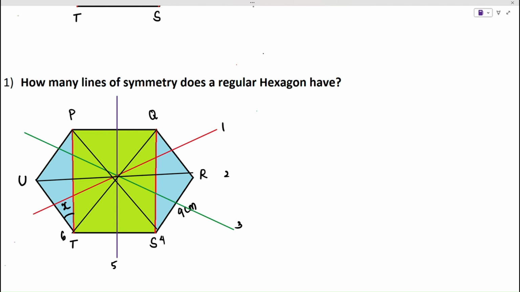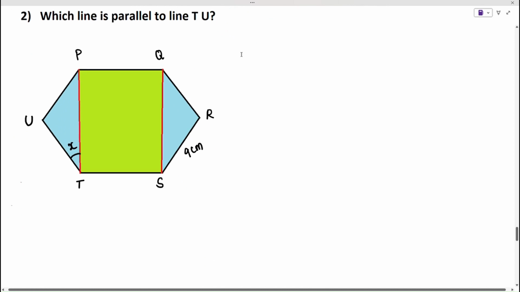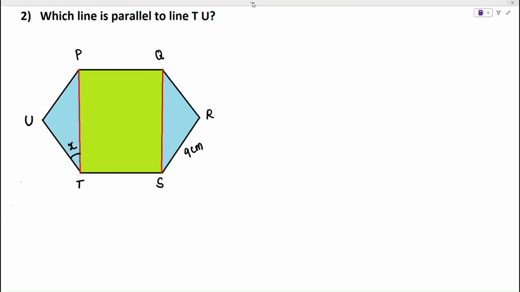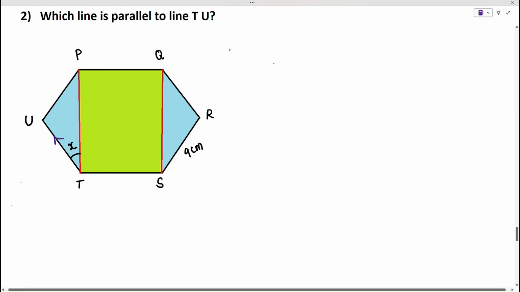Now we're going to approach our second question. Which line is parallel to line TU? So let's identify line TU first. This line is on the bottom left. So that we have as TU, and what line is parallel to that?